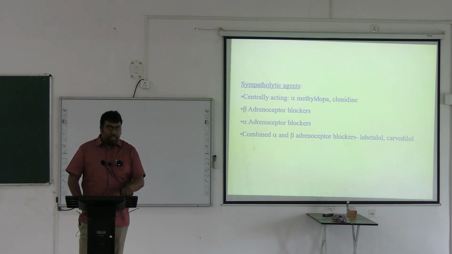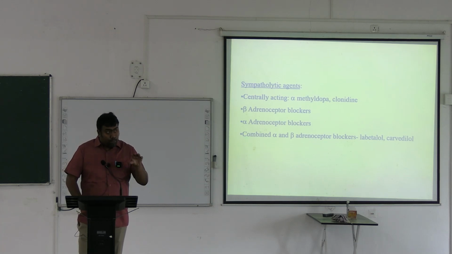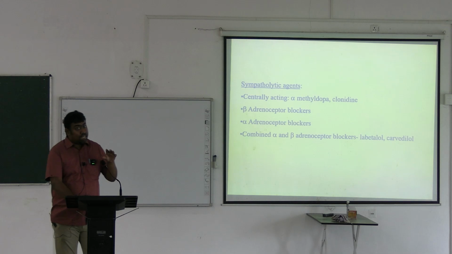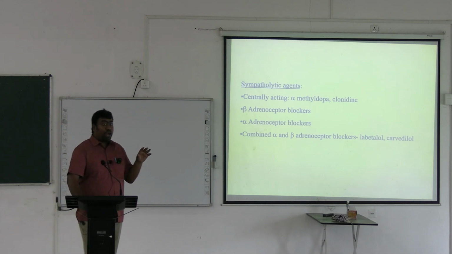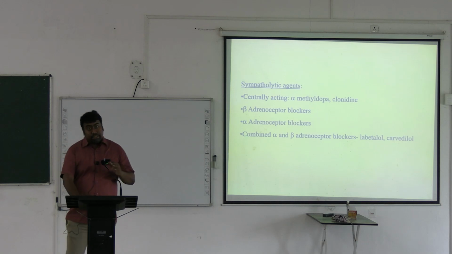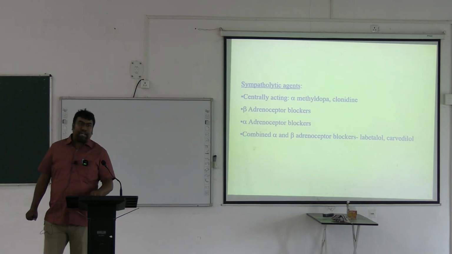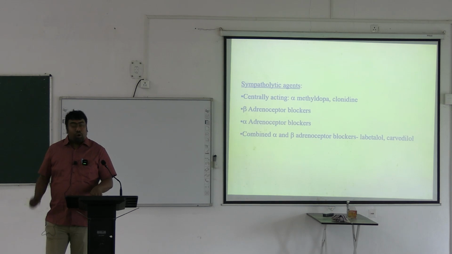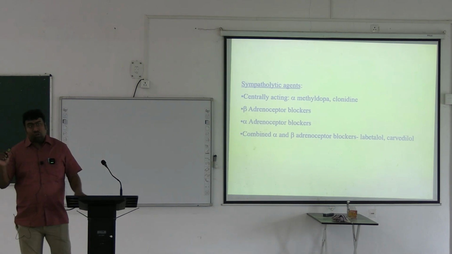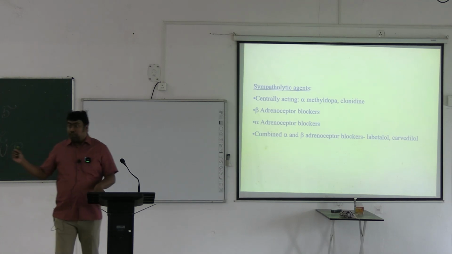Just because it is a LOL, a beta blocker, it is not necessarily antihypertensive. If among the other options there is a centrally acting alpha 2 agonist like methyldopa and clonidine, it is surely antihypertensive. Similarly, not all alpha blockers are antihypertensive.